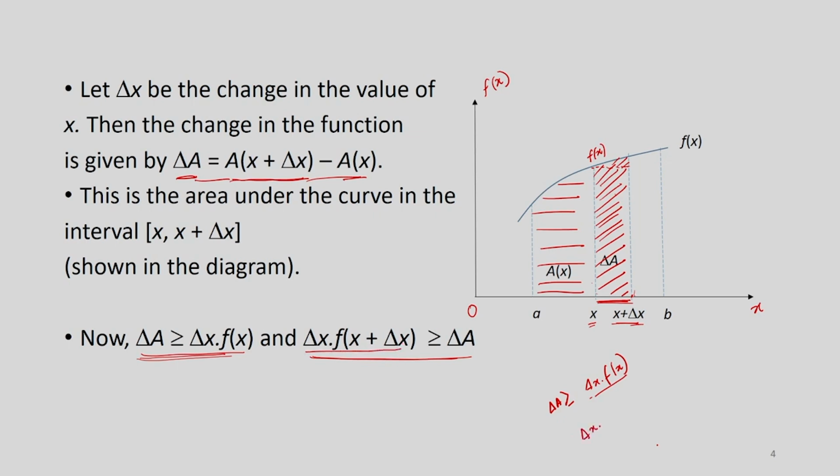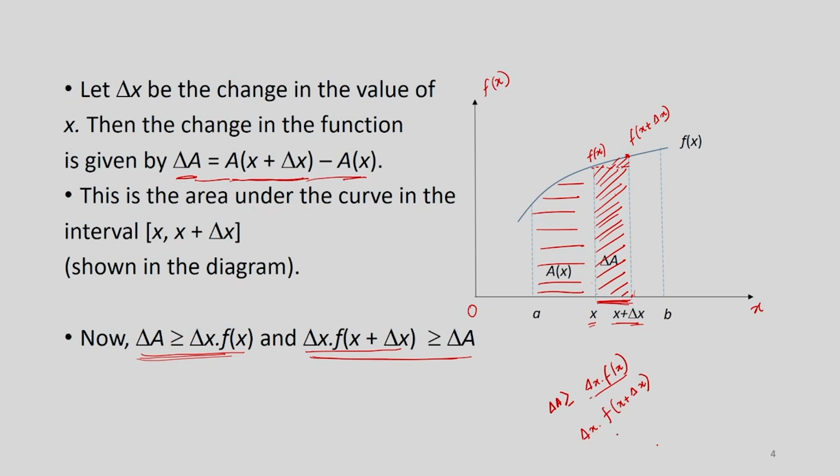What is delta x? Again the base of this rectangle. And what is f of x plus delta x? It is this. This is f of x plus delta x, this height.